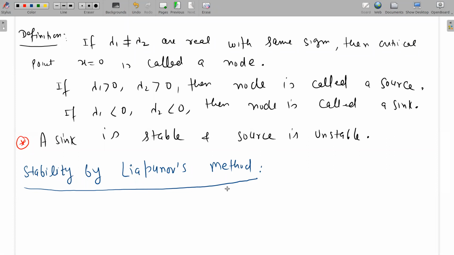So this idea was given by mathematician Alexander Lyapunov, and the method is also called the Lyapunov method.